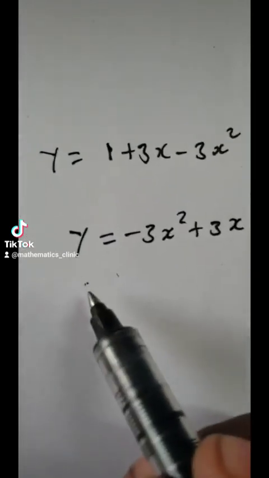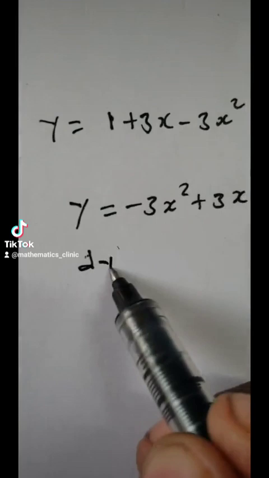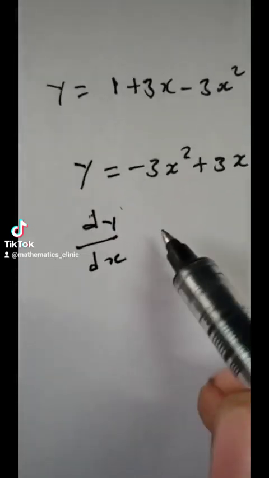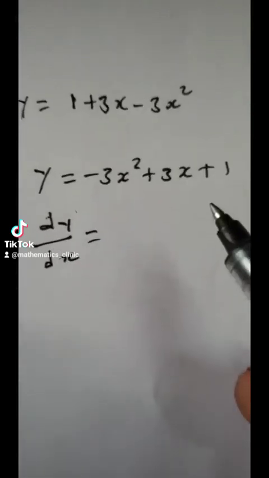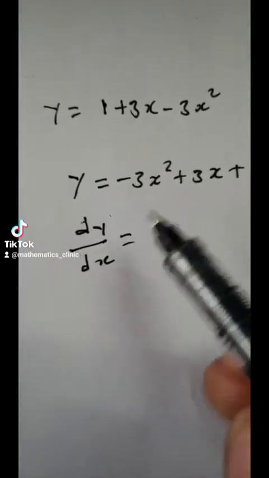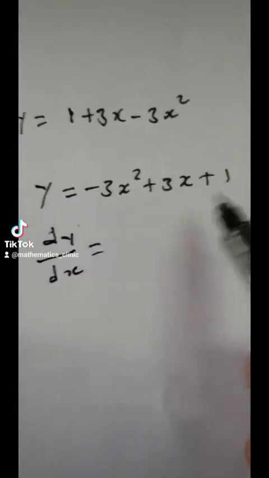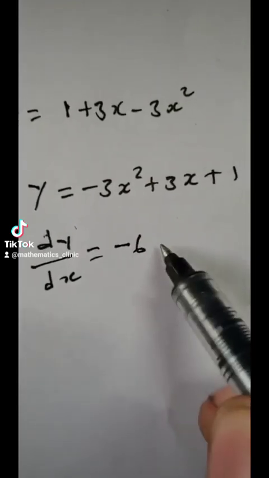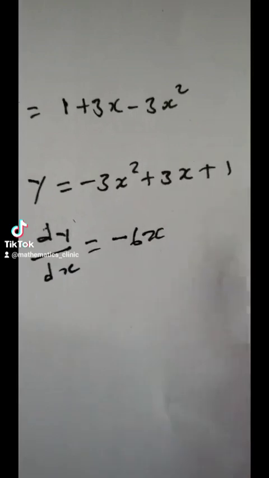Now, if we find the gradient function, that means we're going to introduce calculus, the differential calculus. So dy over dx is equal to the derivative. If we differentiate this function, it will be negative 3 times 2, which is negative 6x, because the power reduces by 1.